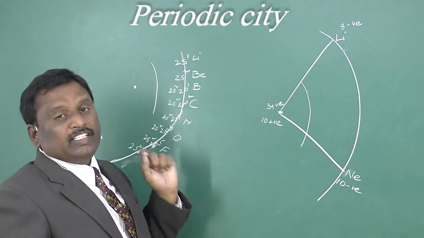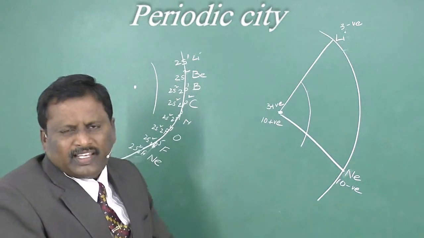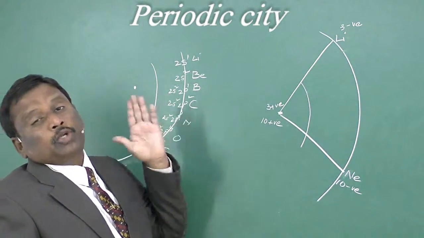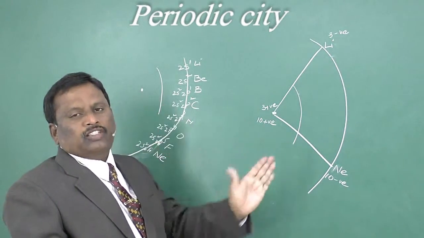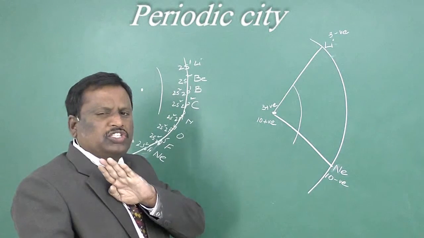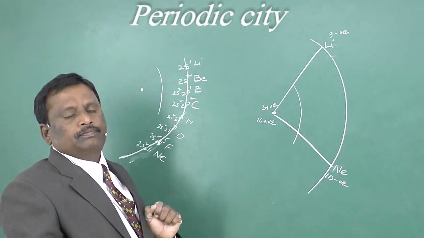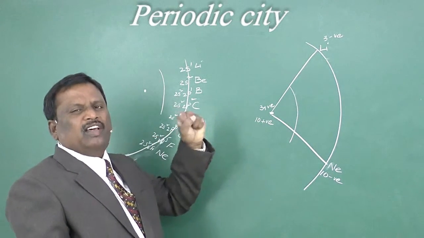But the distance between the nucleus and the last electron is the same, because all are in the second energy level. From lithium to neon, the distance between the nucleus and the last energy level is the same. There is no change at all. But the magnitude of positive and negative charges is increasing.